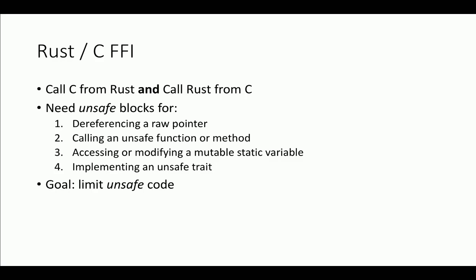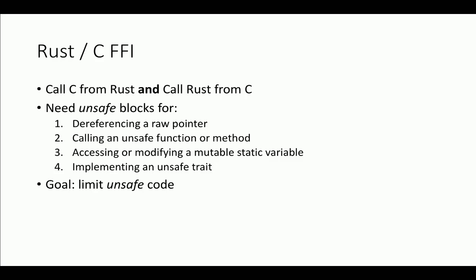And there's a few things that we need that for. The big ones, this is actually straight out of the Rust book, the four, but dereferencing a raw pointer. So whenever we actually want to get access to raw memory, we will need to be able to do that. So yeah, we need an unsafe block.